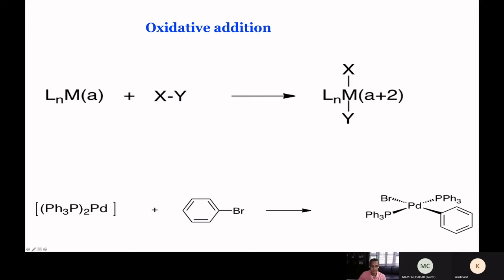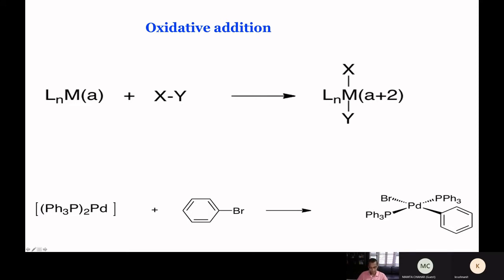It could be many other different molecules. Let's say we are calling it X and Y. We want to insert this ligand metal complex into the bond of X and Y. So to speak, in the picture below, we are interested in inserting the metal into the carbon bromine bond in the bromobenzene that is out here, right?